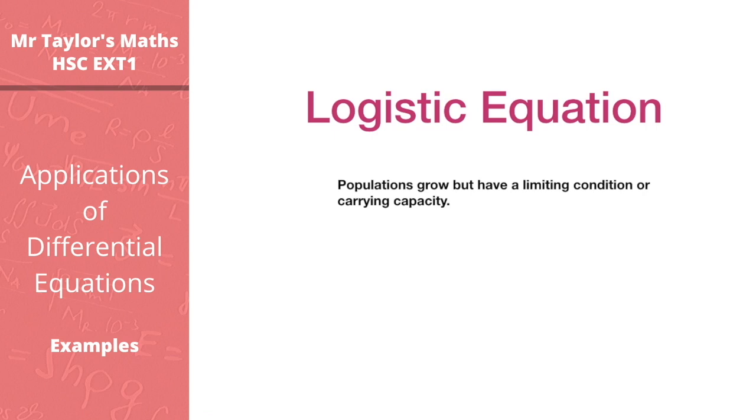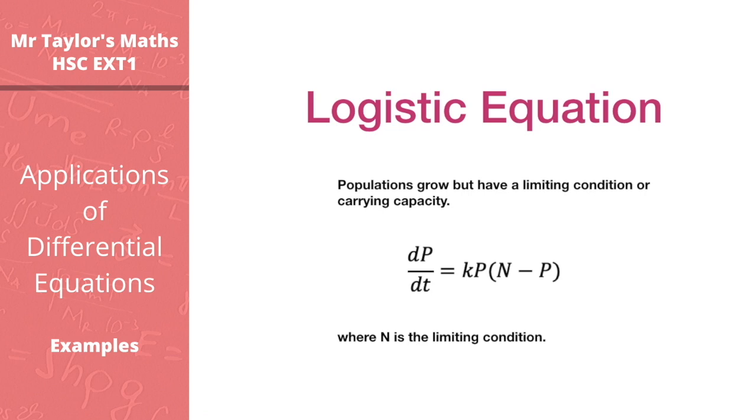So our model for this one is dP/dt, and we have our constant, and you can see we have population, and N here is a limiting condition. Okay, so now we have our dP/dt, the rate of change of population with time, in terms of P. Of course this is going to be a differential equation.